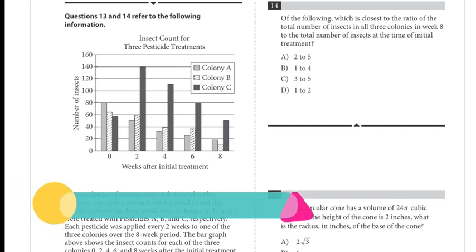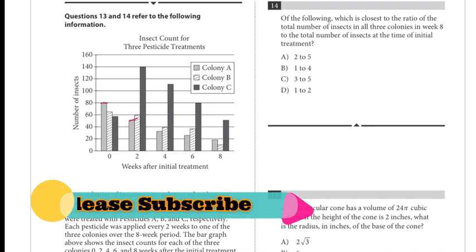Okay, so let's look at the colony A in the dark gray area. Starts at about 80, goes to like 50, then like 30, and then like 25. So that one works. So that one decreases every time.